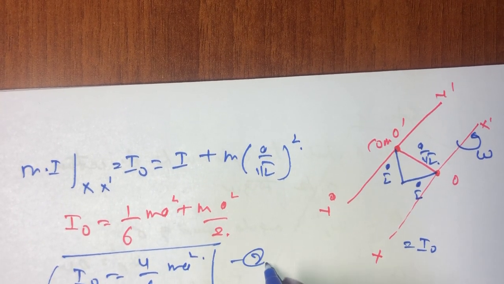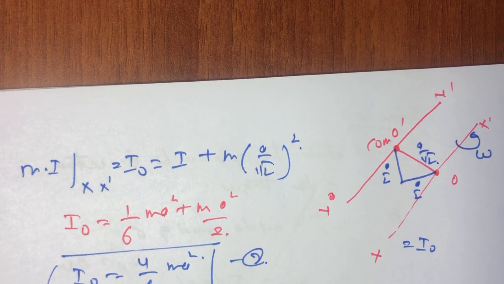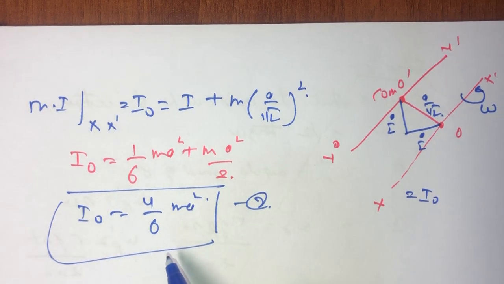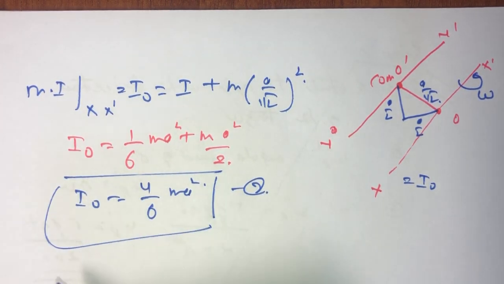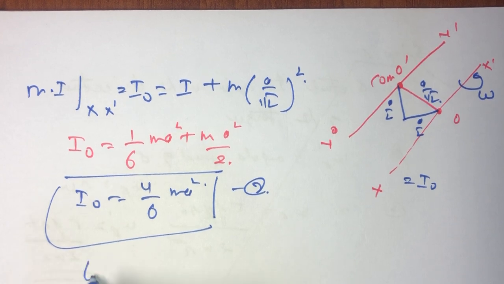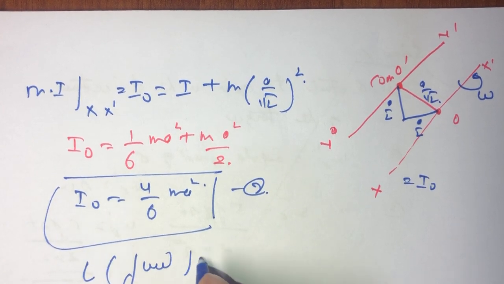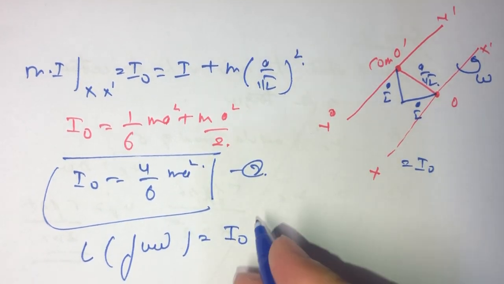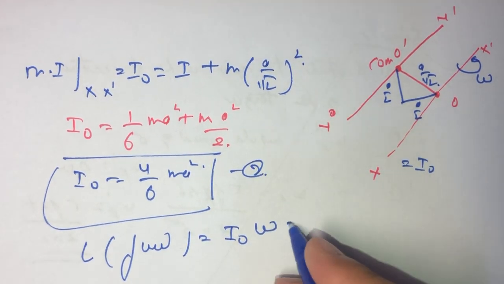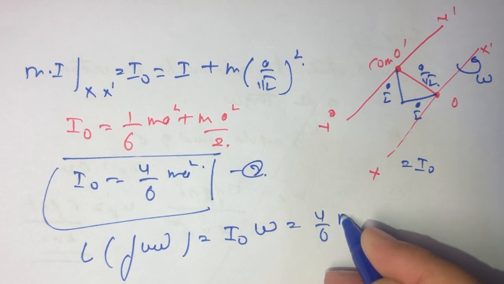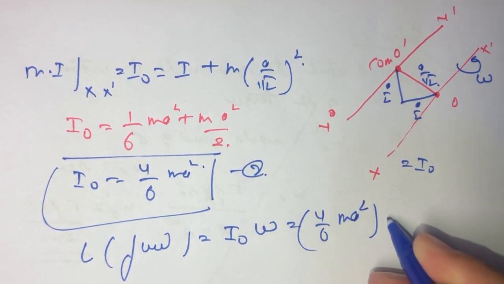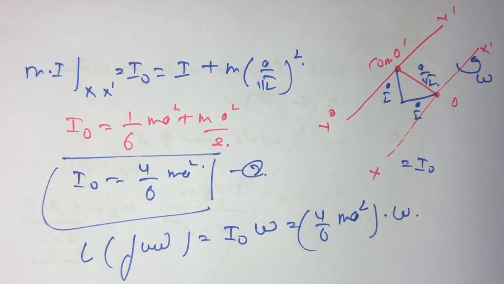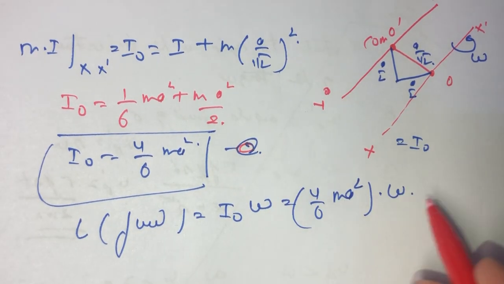This is equation number 2. And we are going to find out angular momentum final. So L final will be equal to I naught multiplied by the angular velocity, that is omega. So we get this as 4 by 6 ma square multiplied by omega.